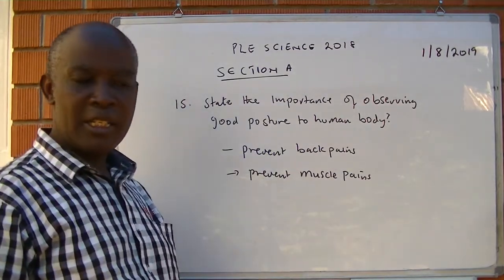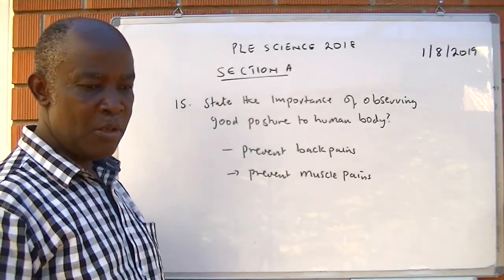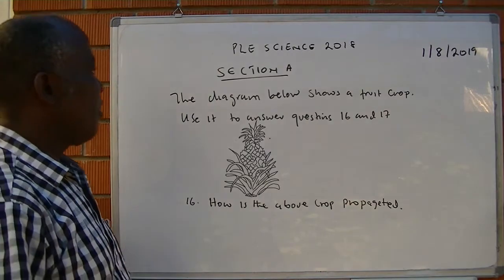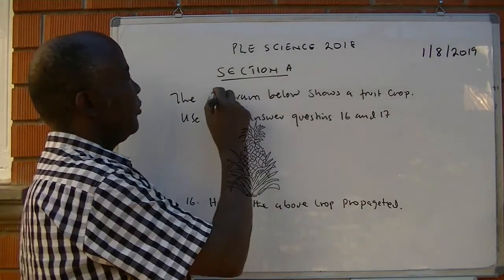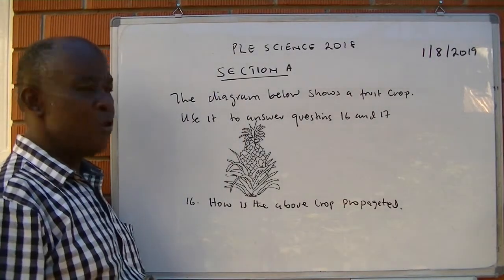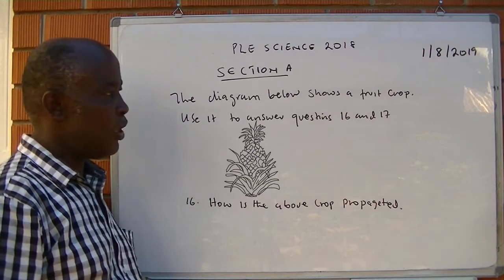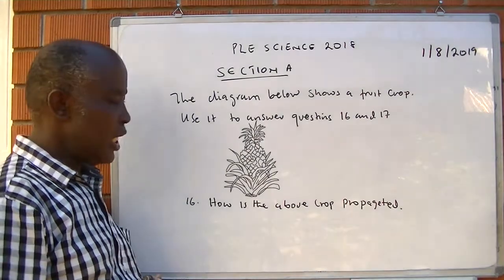Prevent back pains. Prevent muscle pains. The diagram below shows a fruit crop. Use it to answer questions 16 and 17.